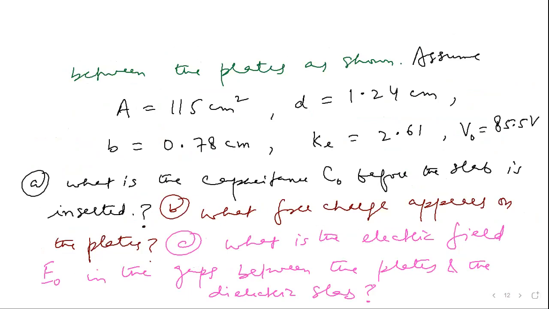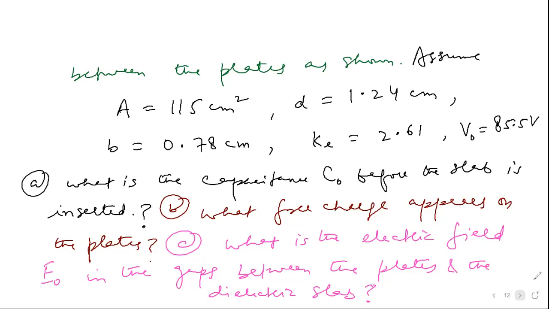Part A, what is the capacitance C naught before the slab is inserted? What free charge appears on the plates? That's part B. Part C says what is the electric field E naught in the gaps between the plates and the dielectric slab.